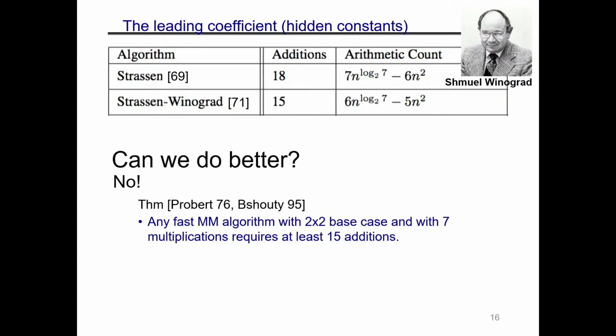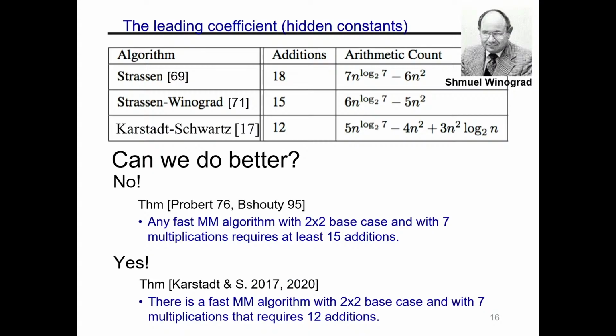If you do the recursion, the master method, but you care about the constants, then you get 6 here. And then Eli Karstadt, a student of mine, showed that you can do that with only 12 linear operations, which leads to a leading coefficient of 5.